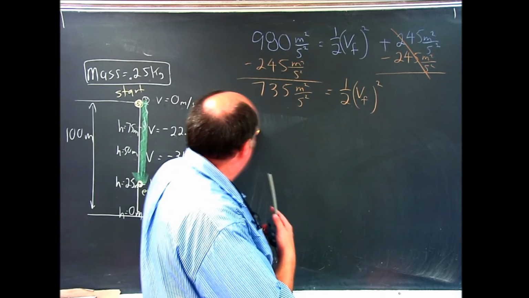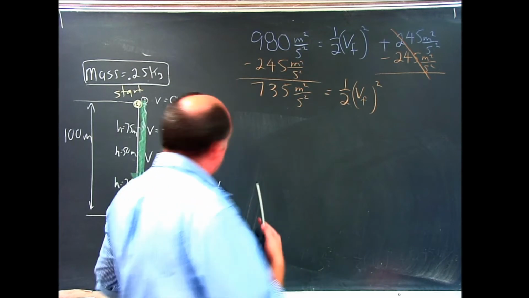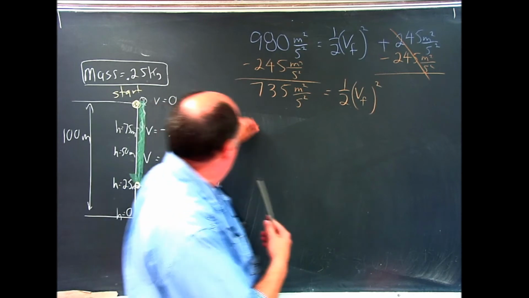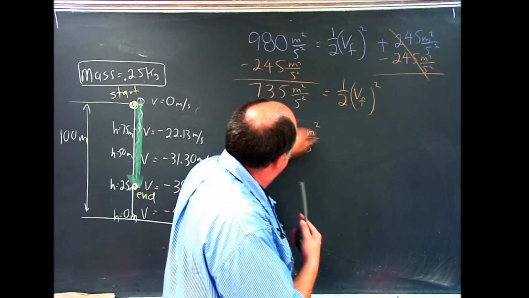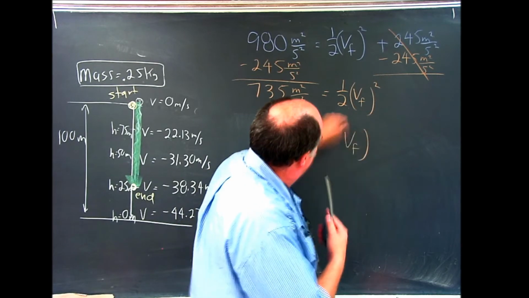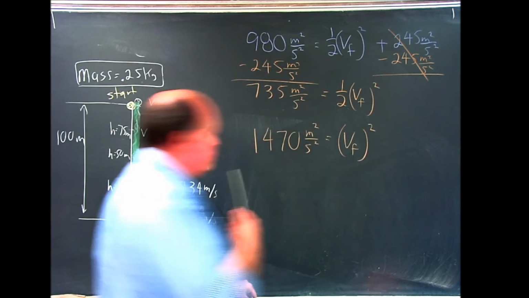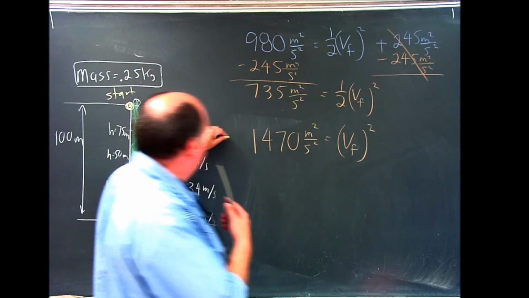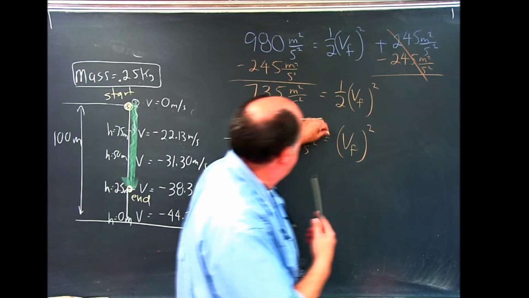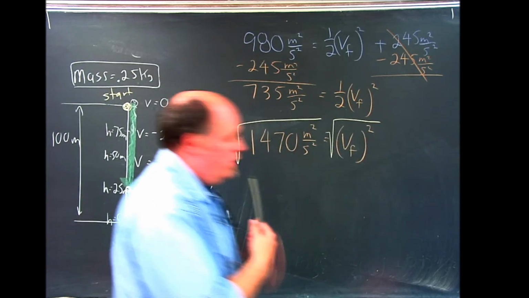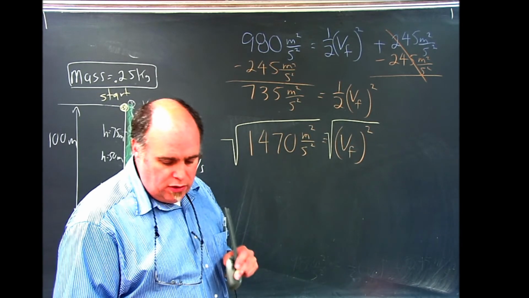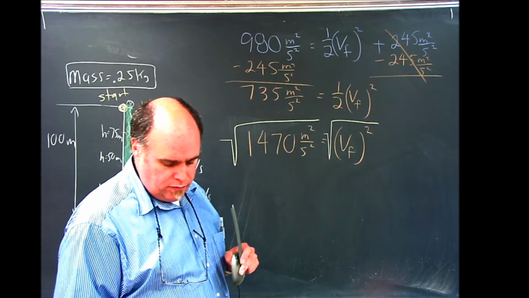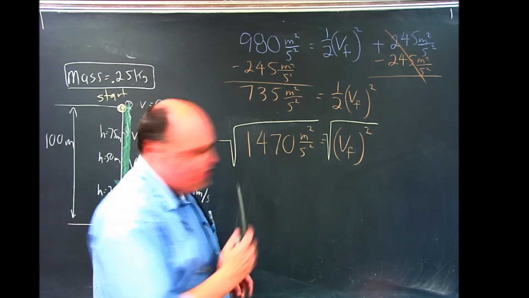So it becomes 1,470 meters squared over seconds squared, and that's V final, which is squared. And now to solve that, I need to take a square root of both sides. And once I do that, I will have a number on my calculator screen. That comes out to be 38.34.